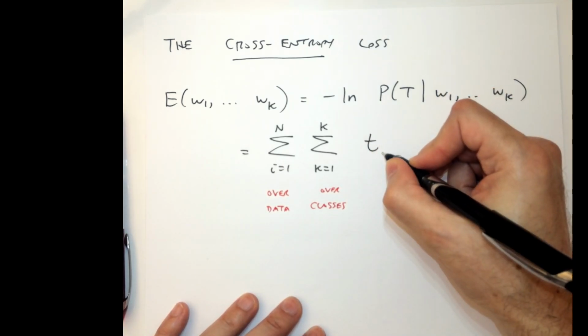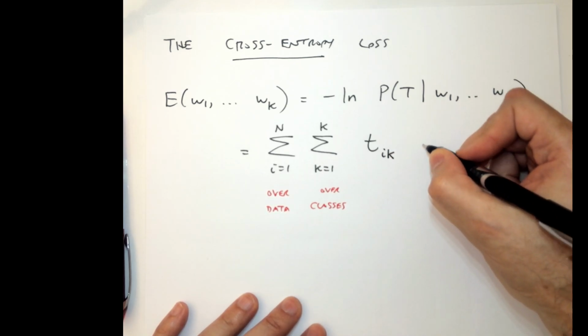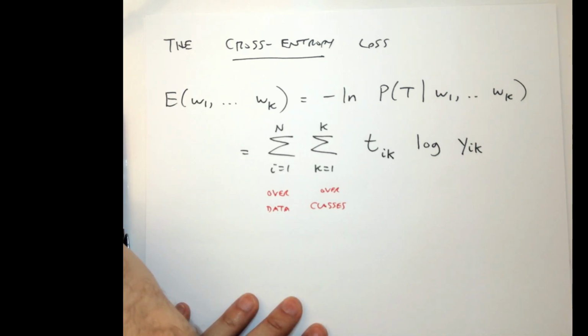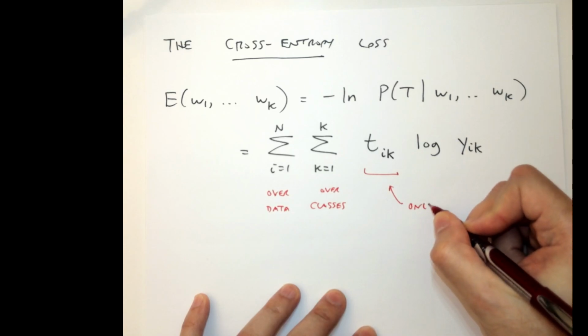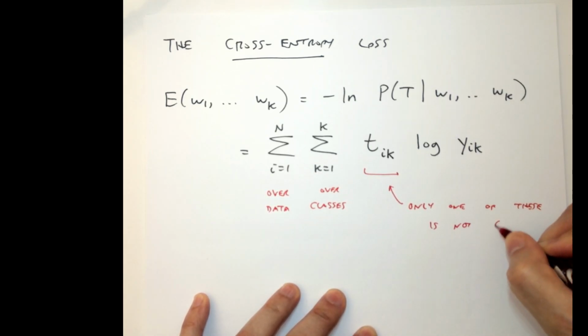The target value, which is again either 0 or 1, times the log of the observation value. And remember that only one of these is not 0, right?